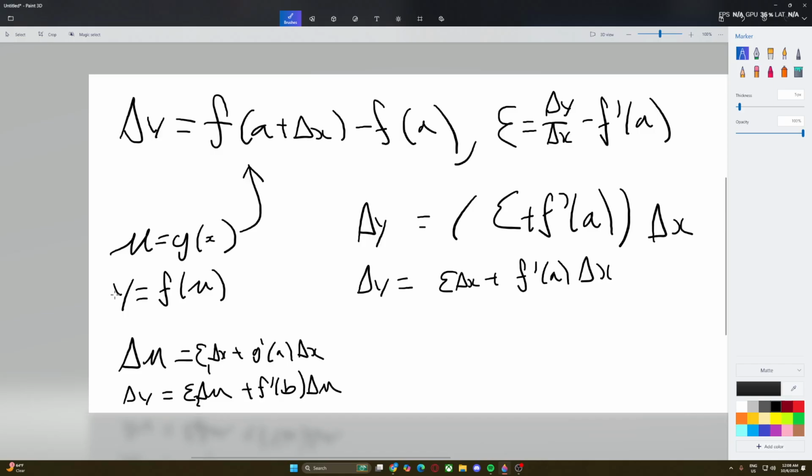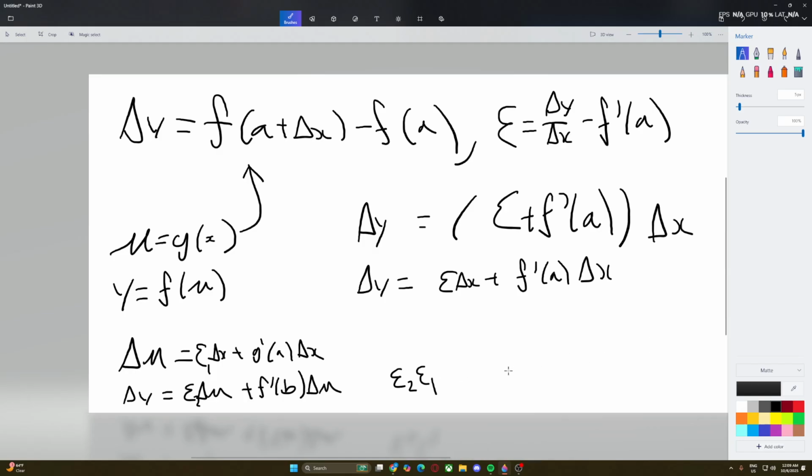And so basically, if you substitute change in u into this equation, you get epsilon 2 times epsilon 1 change in x plus epsilon 2 g prime a change in x plus f prime b and all that again.